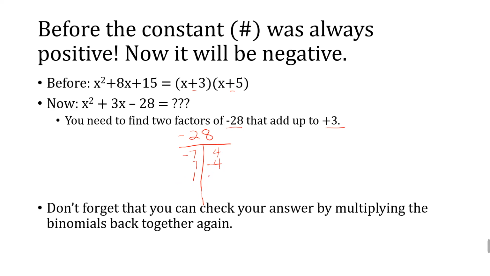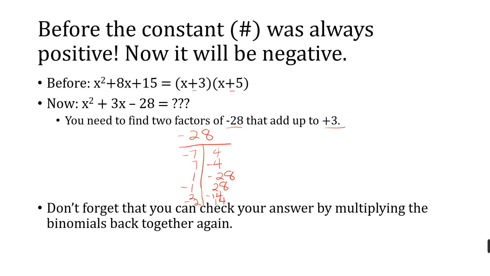So we could have 1 and negative 28. We could have negative 1 and positive 28. And then there are 2 more numbers that multiply to give you 28, 2 and 14. So we could have 2 and negative 14 and negative 2 and 14. So those are all the pairs.